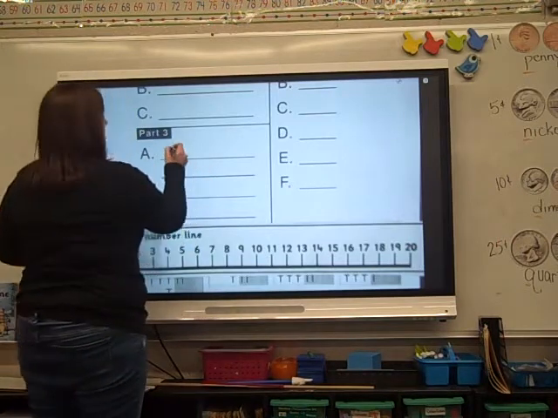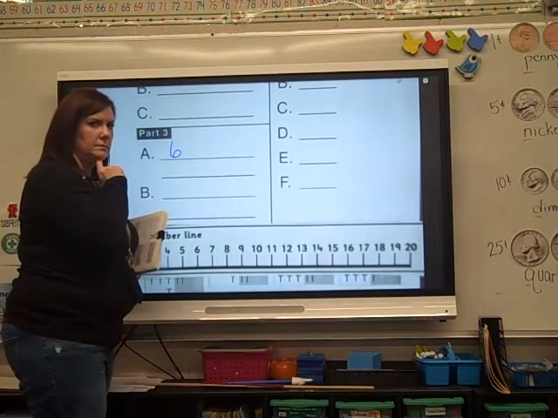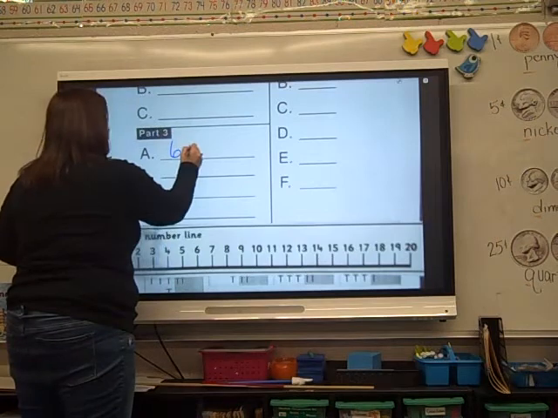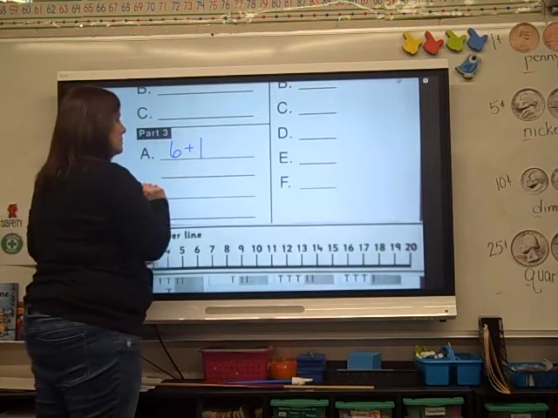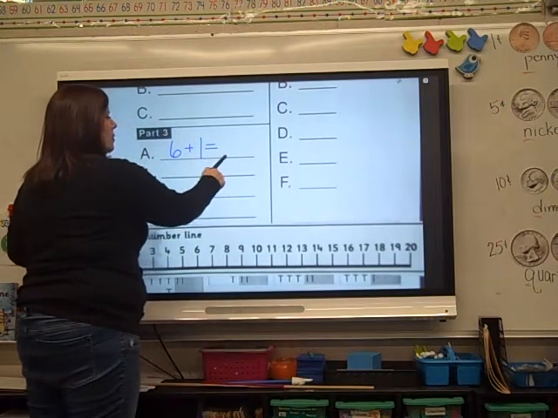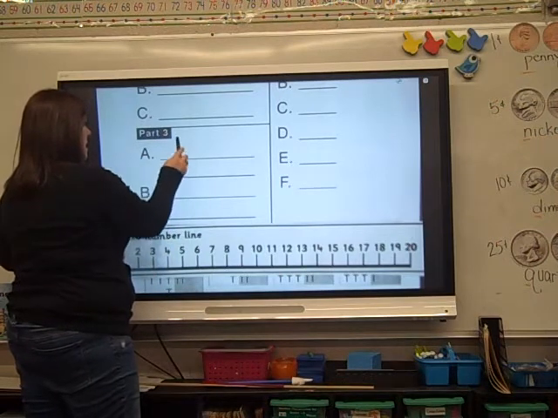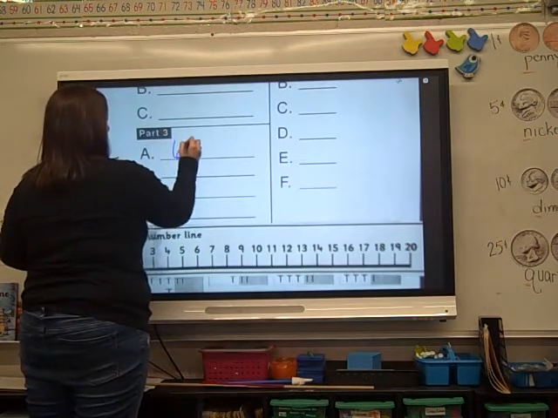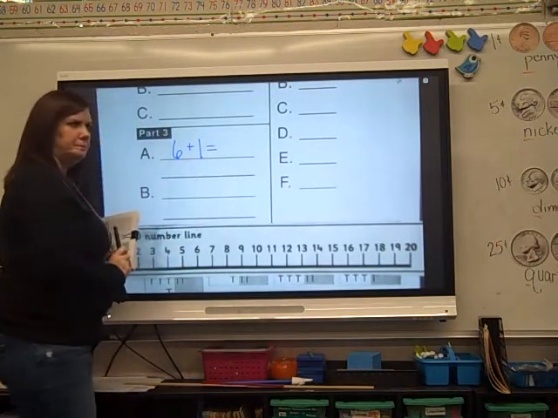A bug starts at 6 on a number line. He pluses 1 place. He ends up on what number? Look, what in the world? Did y'all see that? I hope you have this. All right, find your answer.